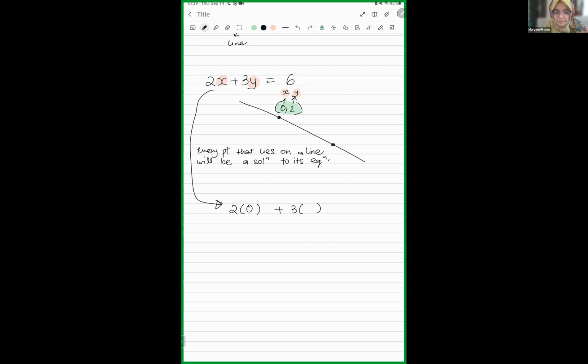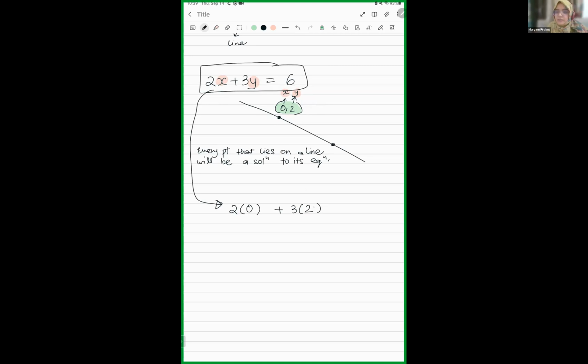I'm going to pause my sharing for a while so that you don't get confused. I am talking about this point. Look at the y coordinate. It is 2, right? So in place of y, I put 2. Is that clear?